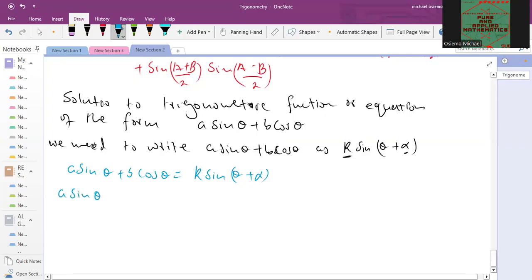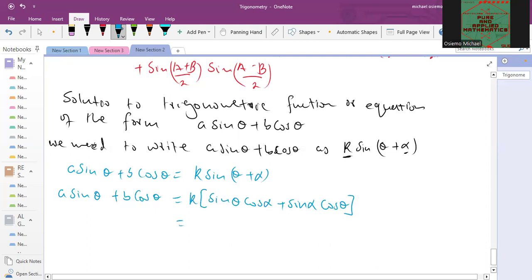If you expand sin(theta plus alpha), it will be equal to sin theta cos alpha plus sin alpha cos theta.